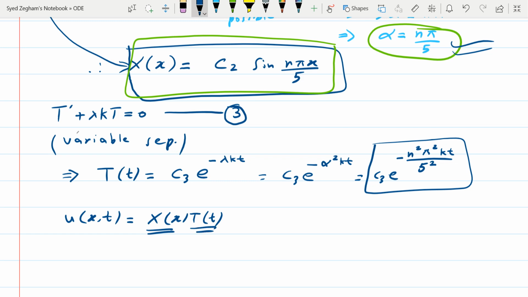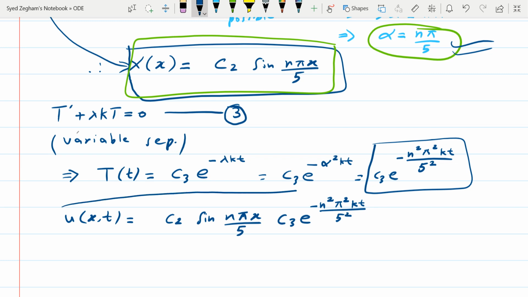So we are putting the values of capital X and capital T. So that will be C2 sine of n pi x over 5 multiplied by capital T, that is C3 e to the power minus n square pi square kt divided by 5 square.